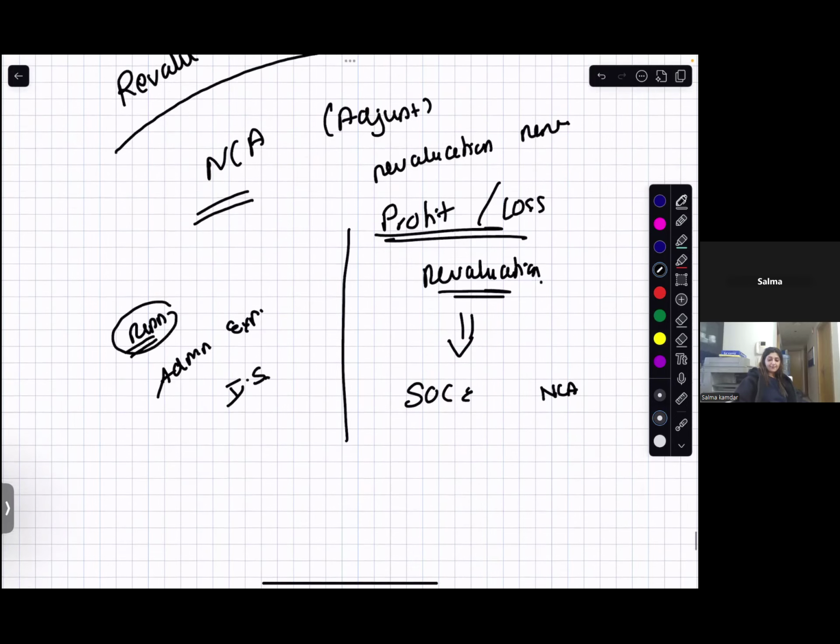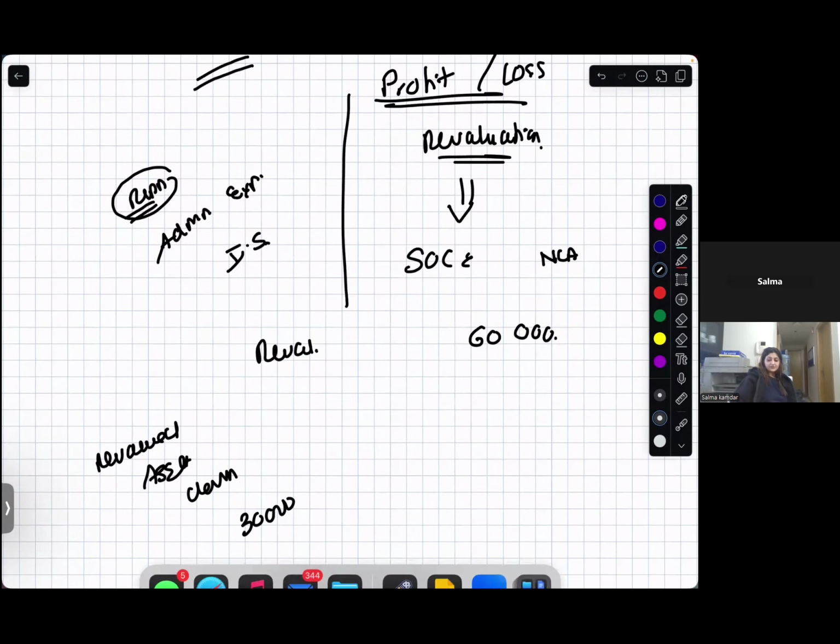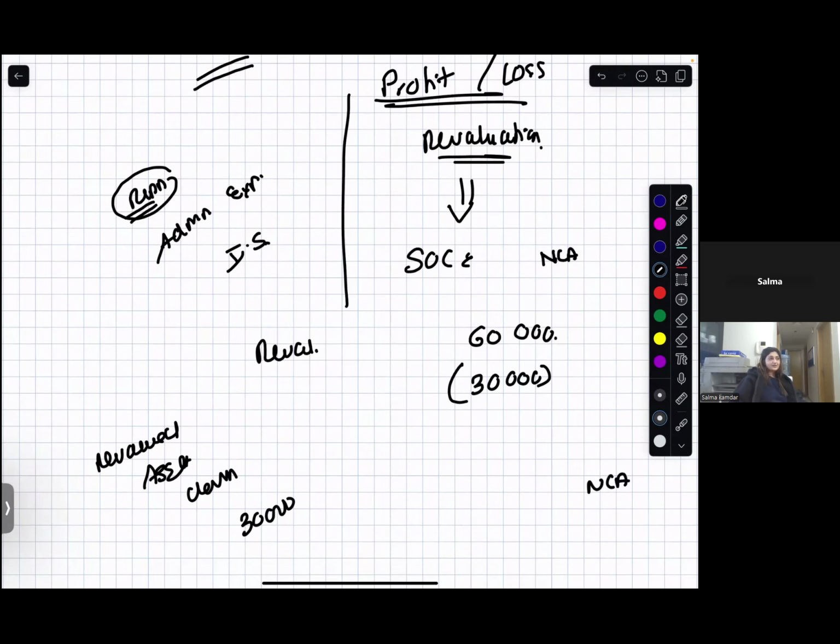Let's take an example. If I have a revaluation reserve of 60,000, I have revalued my asset downwards by 30,000. What will I do? I will subtract 30,000 from the revaluation reserves and I will reduce my non-current asset by 30,000. Are you with me?